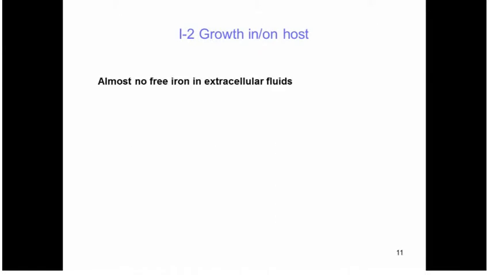So the bacterium has arrived at the site of infection. It's got to grow somehow. Generally, a living organism is full of all sorts of goodies for bacteria, loads of organic carbon, loads of organic nitrogen. Everything is there. However, there's almost no free iron in extracellular fluids because it's all, or almost all, bound up in iron transport proteins.